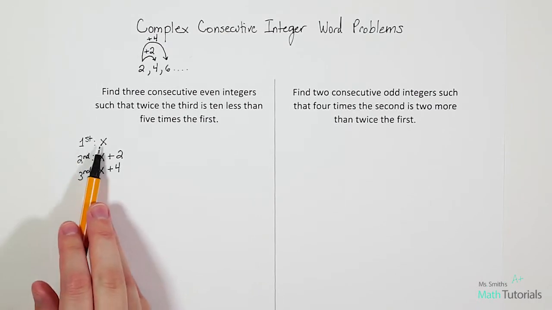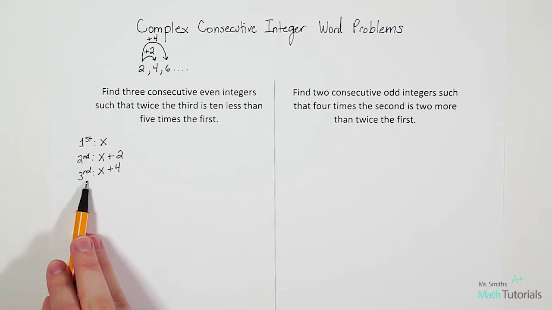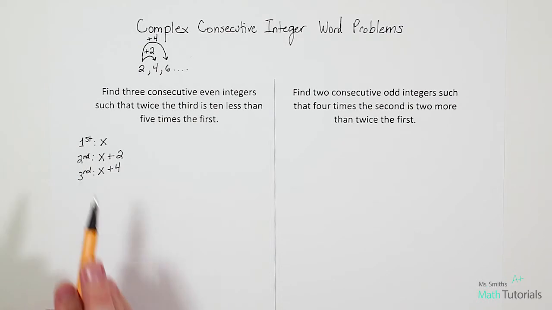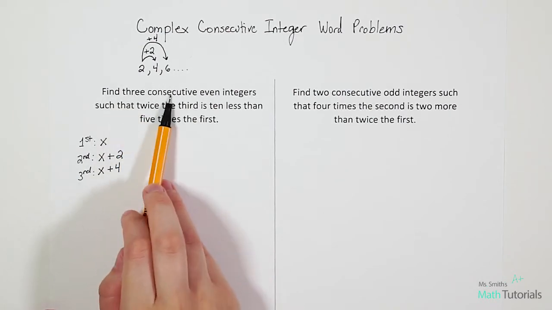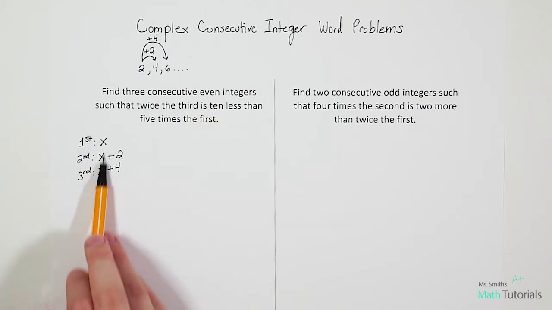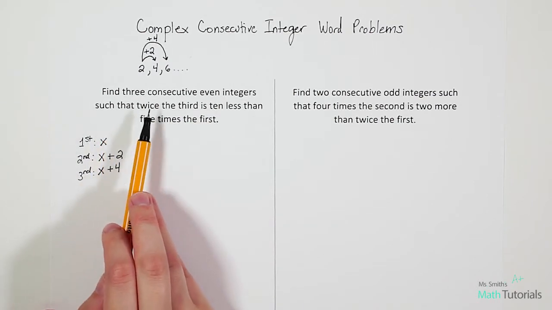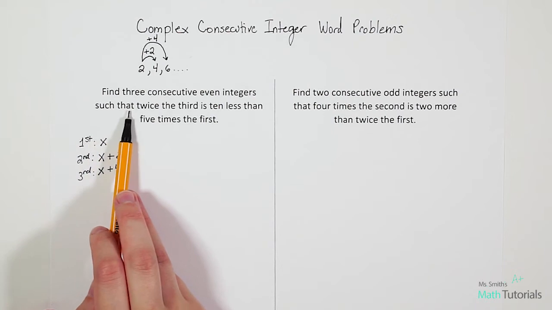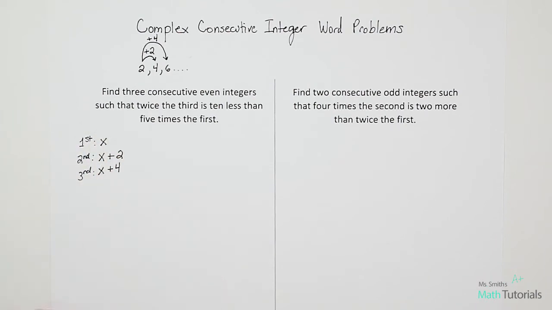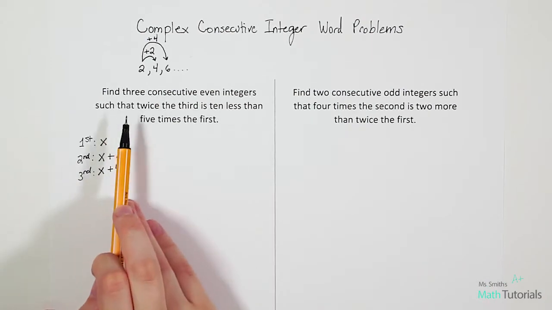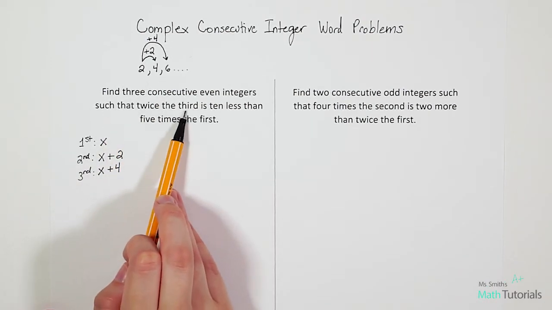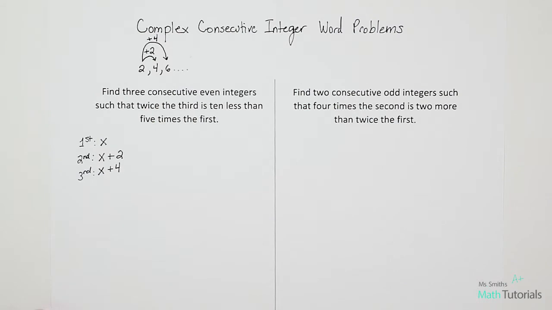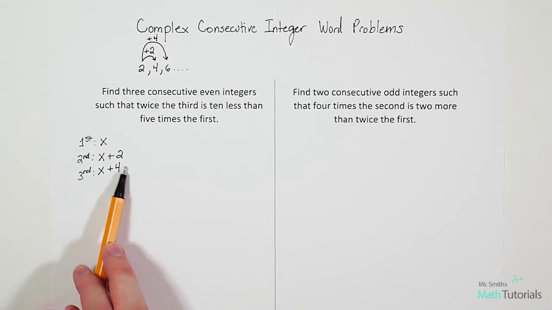So now that we have our setup for each of our 3 numbers, let's look at the rest of it. So it says find 3 consecutive even integers, which we've got, such that twice. Anytime we see that phrase with these problems, such that, whatever comes next is going to tell us what to do with those numbers. So such that twice the third. Which one is the third? Well, that would be this right here, right?